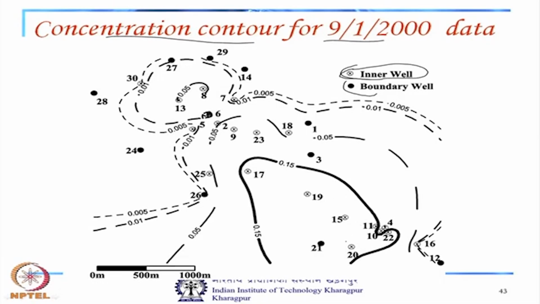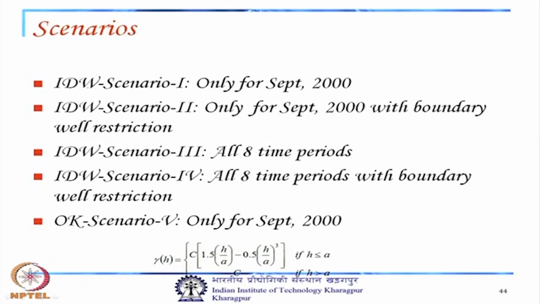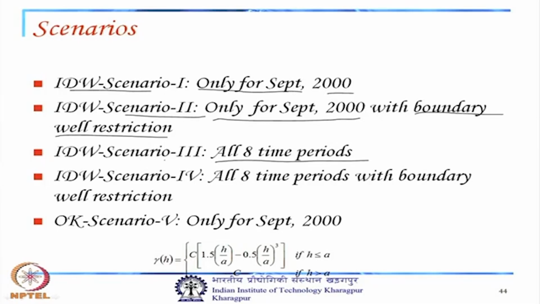We can see that we have these many wells, and out of that we have the IDW scenario 1 where only September 2000 data was used, IDW scenario 2 with only September 2000 data with boundary well restrictions, that all boundary wells should be selected, IDW scenario 3 where all 8 time period data was used, and scenario 4 with all 8 time periods with boundary well restriction.